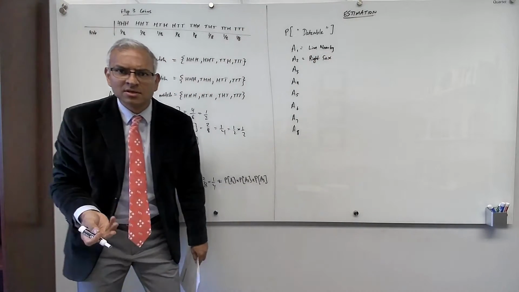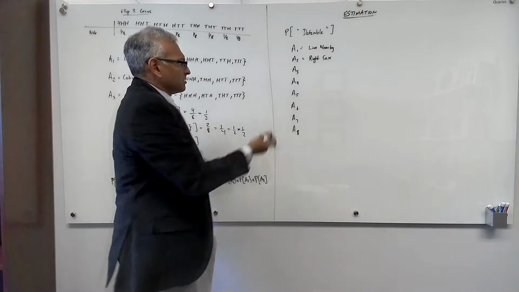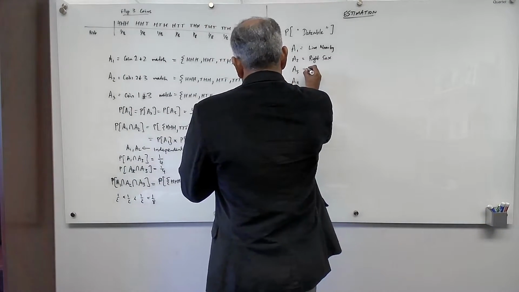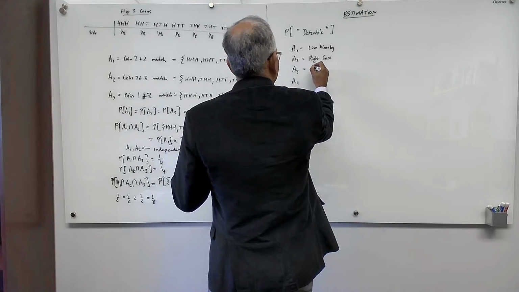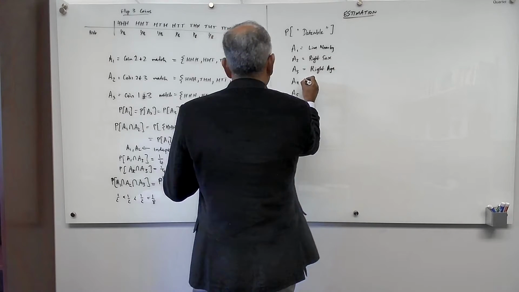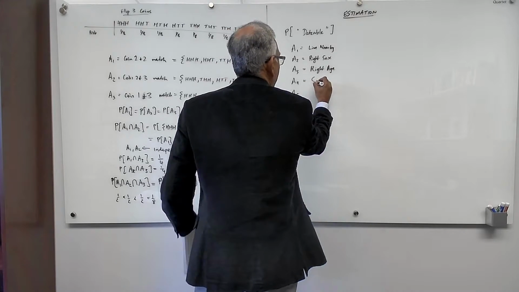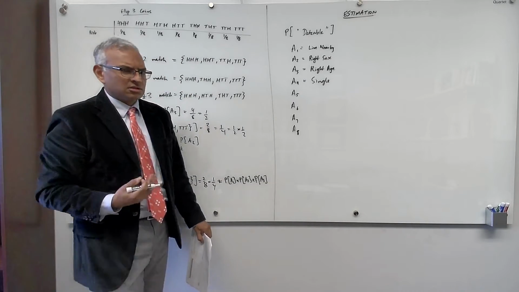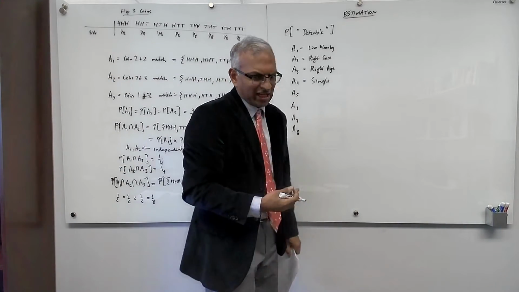Everyone has a preference. So whatever your preference is, I'm only going to date you if you satisfy my preference. To be dateable, you should have the right age. Again, everyone has a preference. And to be dateable, you should be single. So this is highly recommended. If you're going to go out on a date, it's highly preferable for the person you're dating to be single.